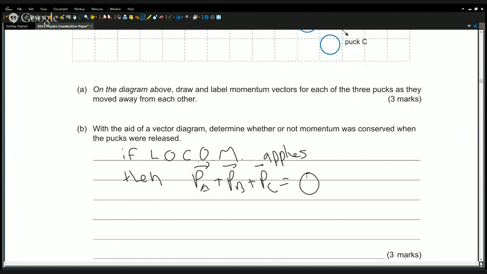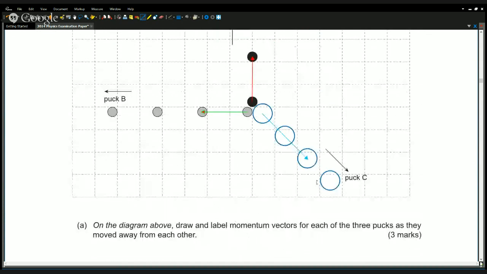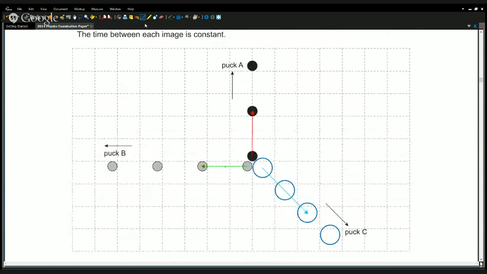Now, the easiest way for me to do this is to observe this: momentum A plus momentum B equals negative momentum C. So I'm going to see if that works. All right, so what I'm going to do is copy these out. Oops, I just drew on that. No, I wanted the hand grabber tool. That's what I want.